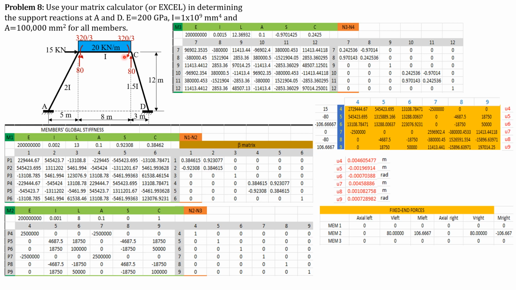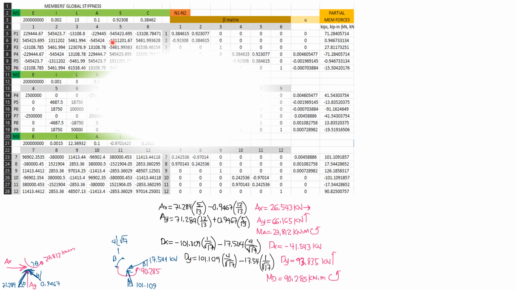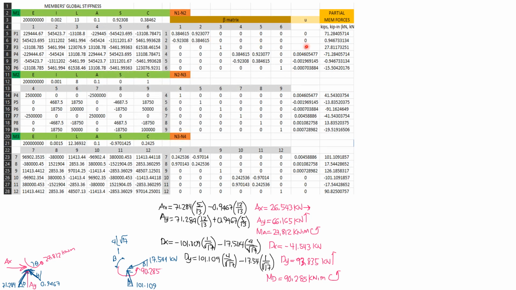So to finalize, let's proceed to the next slide. So these are now the generated partial member forces. But as I said, for members 1 and 3, these are final.